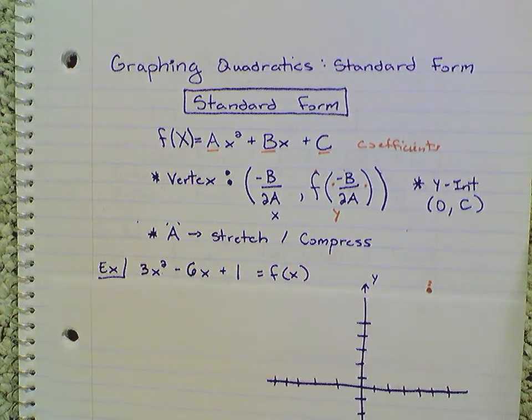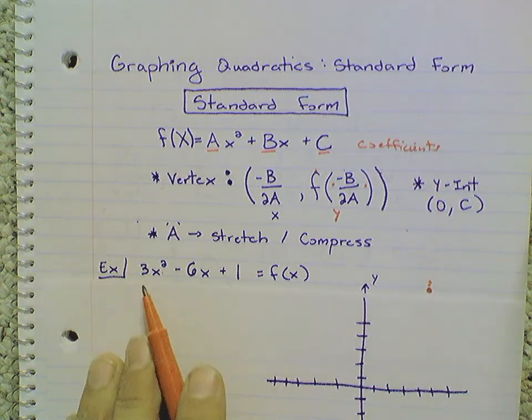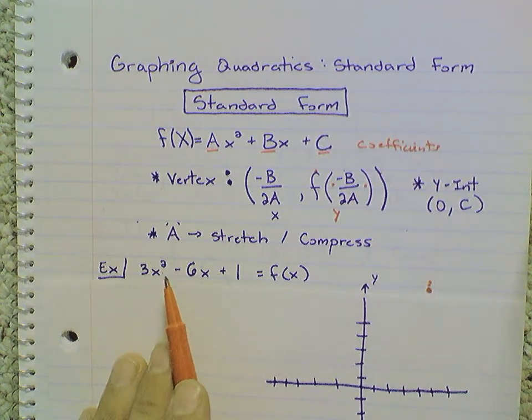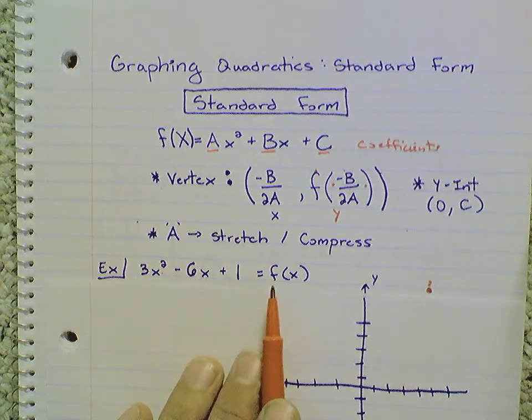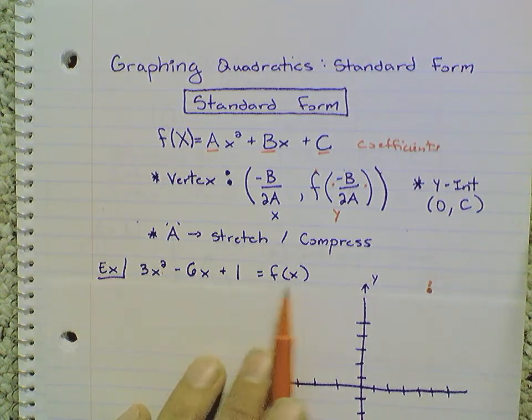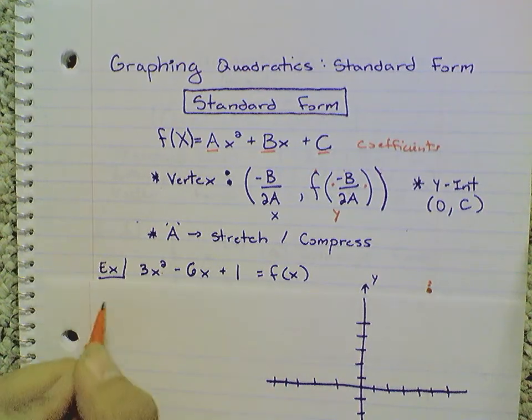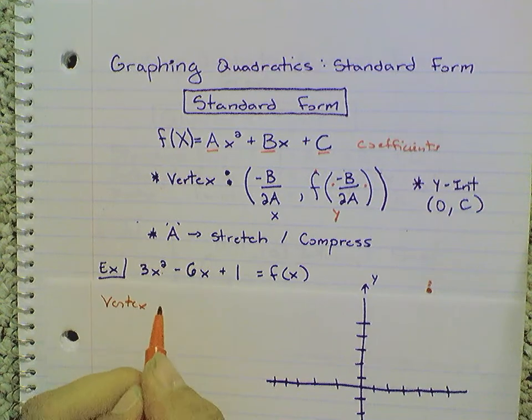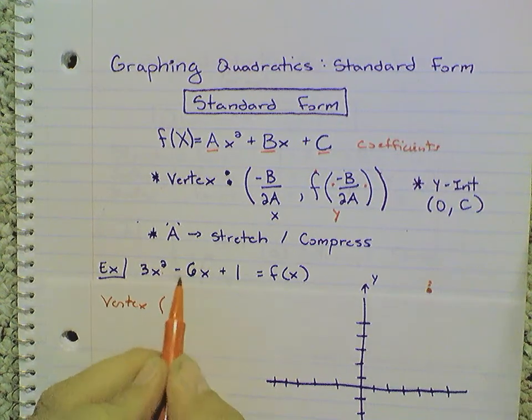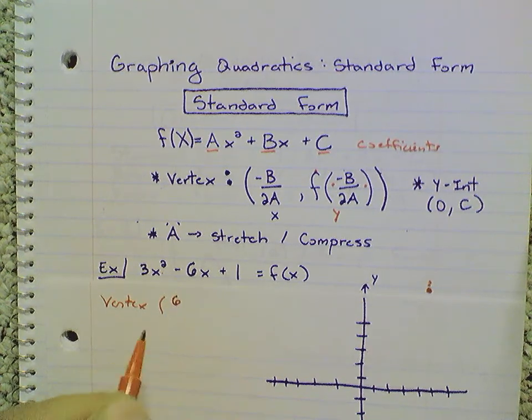So, for example, if we look at the example down here below, I have 3x squared minus 6x plus 1 equals my function f of x. So to start, I first want to find my vertex. And once again, to find my vertex, I want to take the opposite of b. Well, in that case, I have negative 6, so it's going to be positive 6.